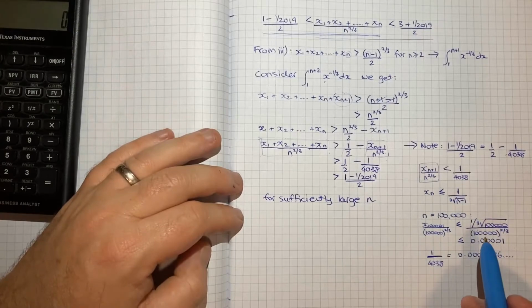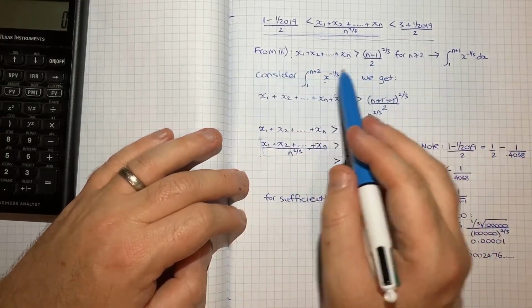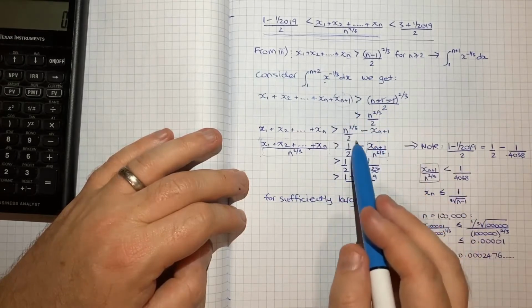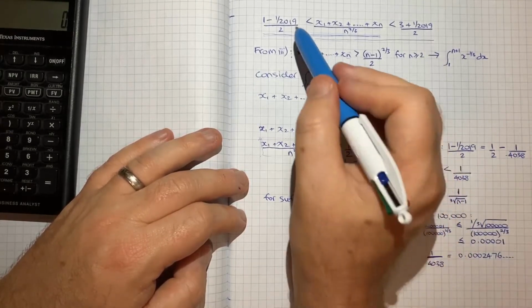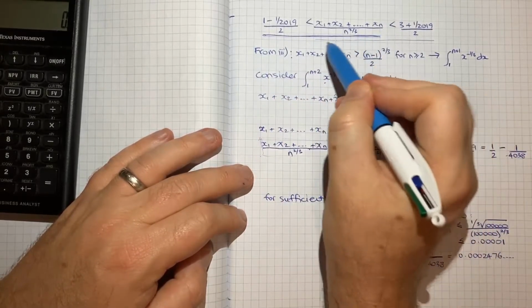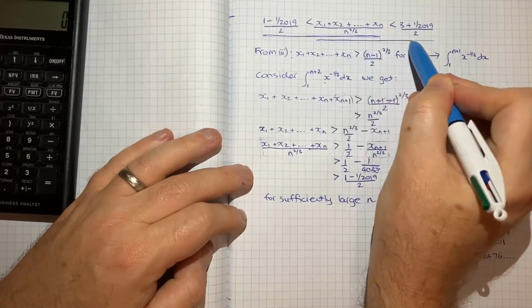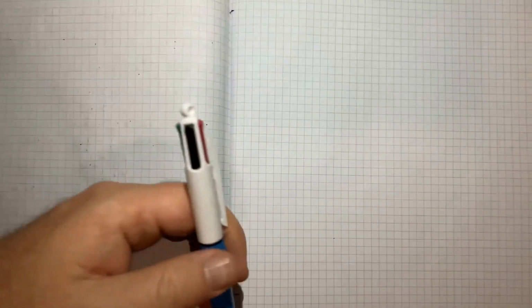But just by taking our result in 3, thinking about a slightly different integral and doing a bit of rearranging and a bit of, I guess, creative thinking, we've proved the first part of this inequality. So now what we need to do is prove the second part, and I'll just turn over the page.